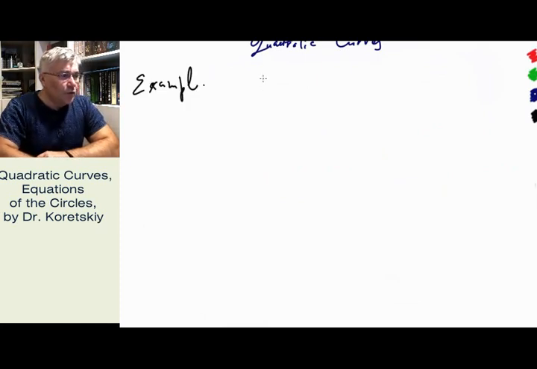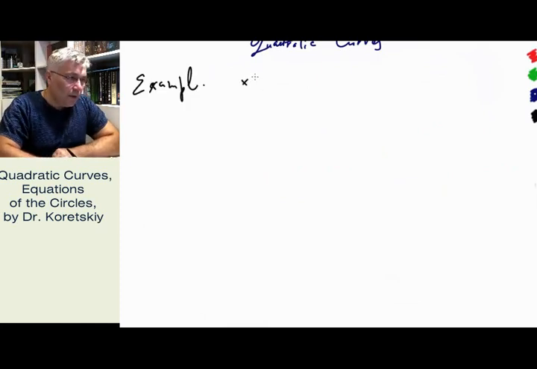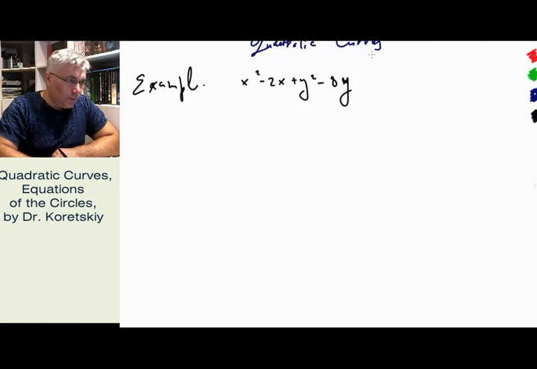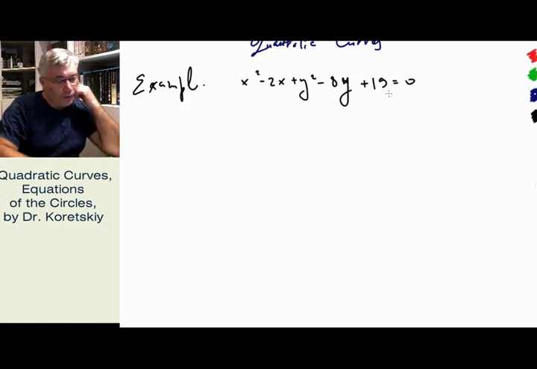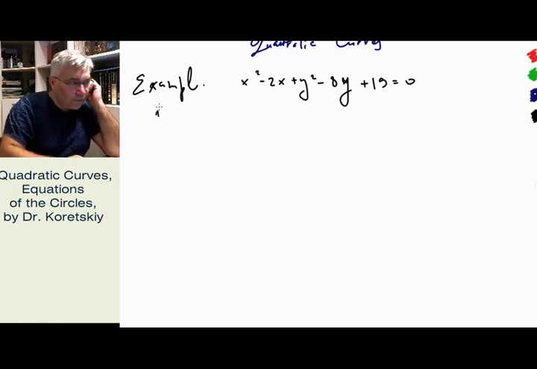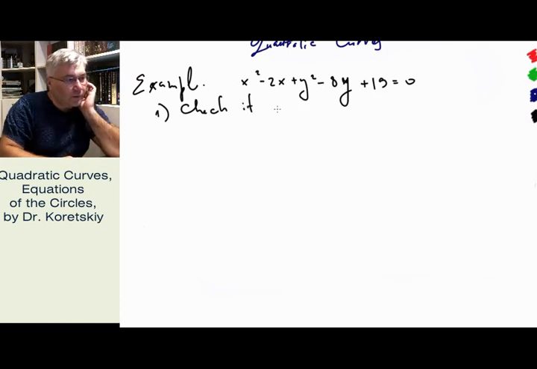Example. So you have, for example, x squared minus 2x plus y squared minus 8y plus 19 equals 0. And you have a job here. The first one, check if the given expression is a circle.